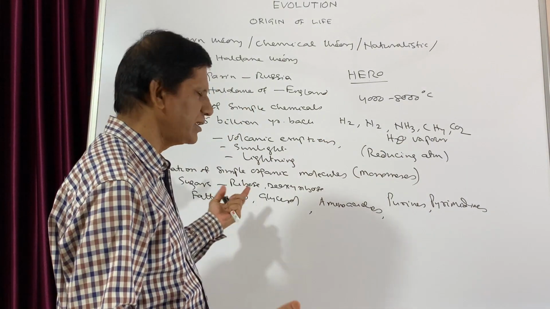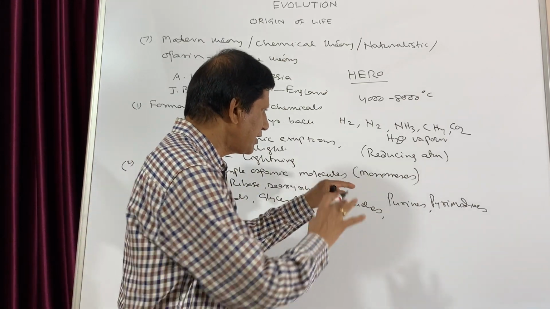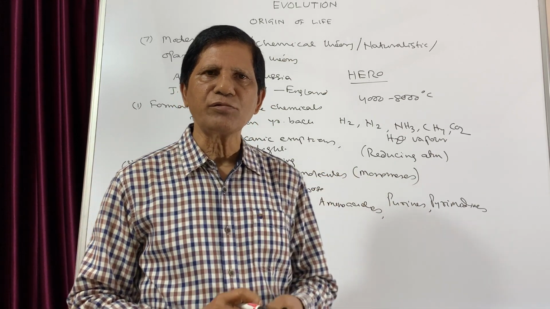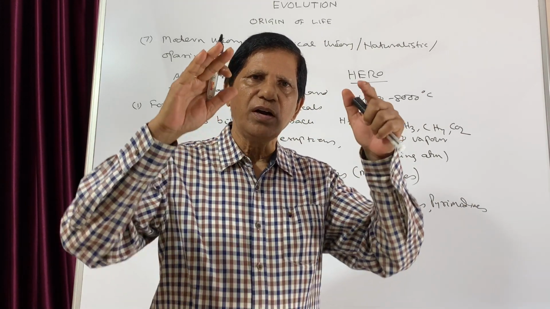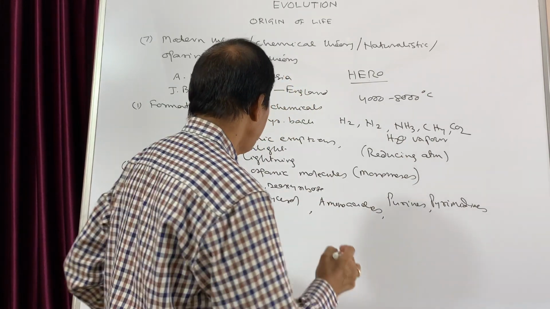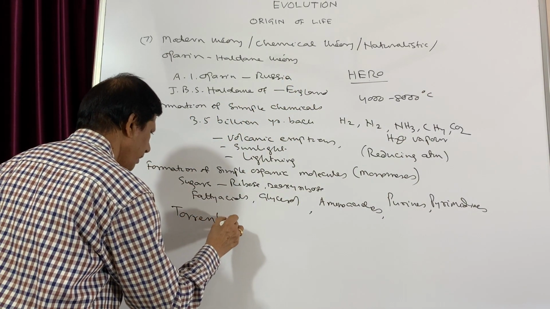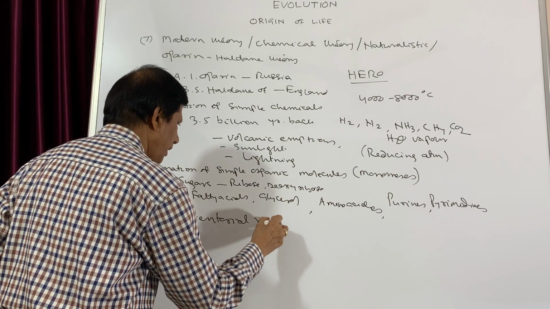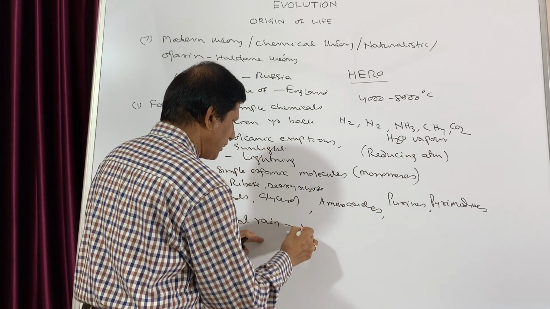And again, the source is the light and electrical discharges. Now, when these organic chemical compounds are formed, side by side, there is also torrential rain. That means the heavy rain. So, due to this rain, the water flowed down.